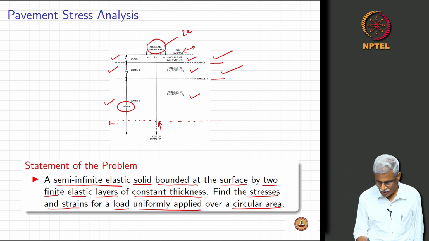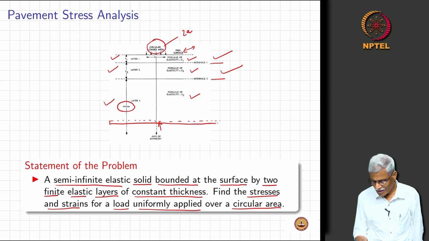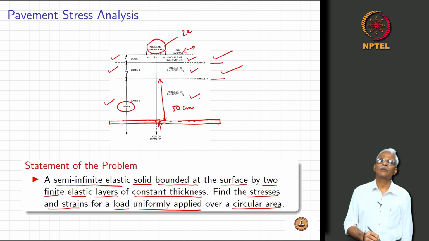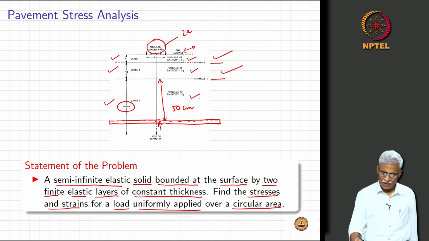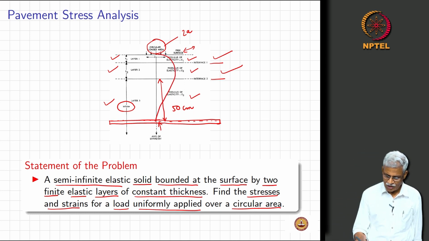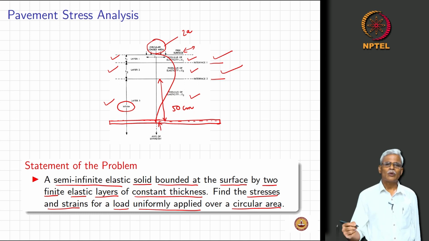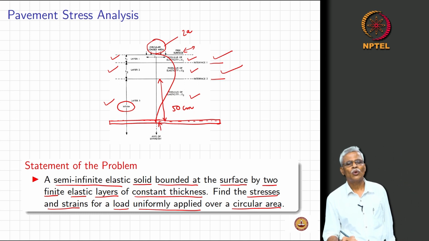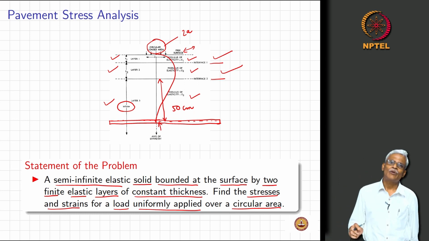We will assume that we provide a rigid plate somewhere, and we take that distance to be something like 50 centimeter. Okay, so that the stresses and strain that you see here can come down to 0, we can force it to 0 at this particular point. So, this is not clearly infinite.